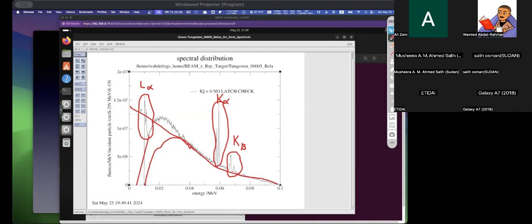We will not get to see the L alpha lines because these energies are so low that they get filtered by the tube window, as well as by any additional filtration that we apply. But if one looks at the spectrum, they can immediately detect that the target is tungsten because of these K alpha lines.